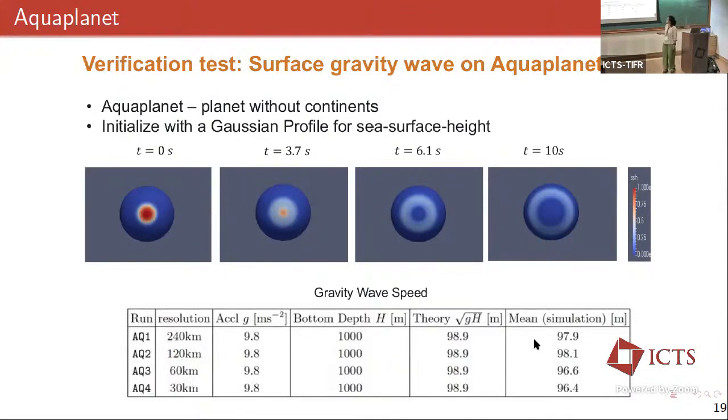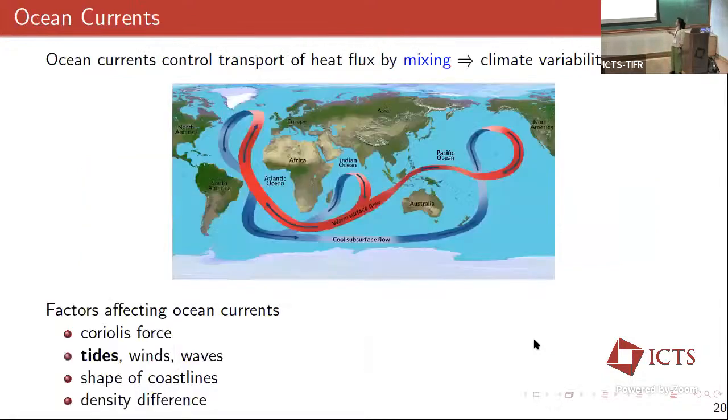Okay. Now that we are done with aquaplanets, let's put in some continents and see what happens when there are continents present. Now, what is the most important feature of oceans? Why do we study oceans? We study oceans to study ocean currents.